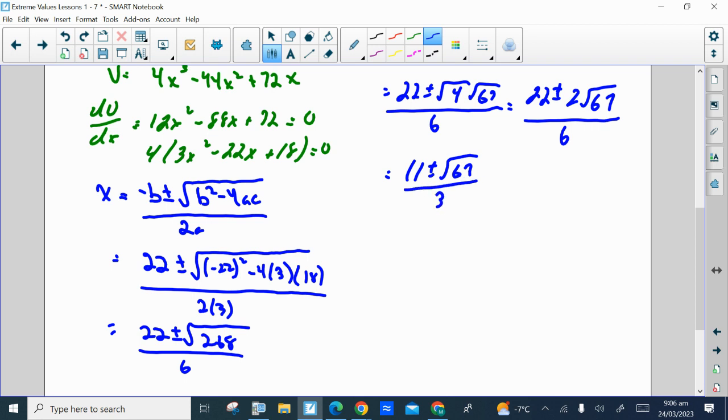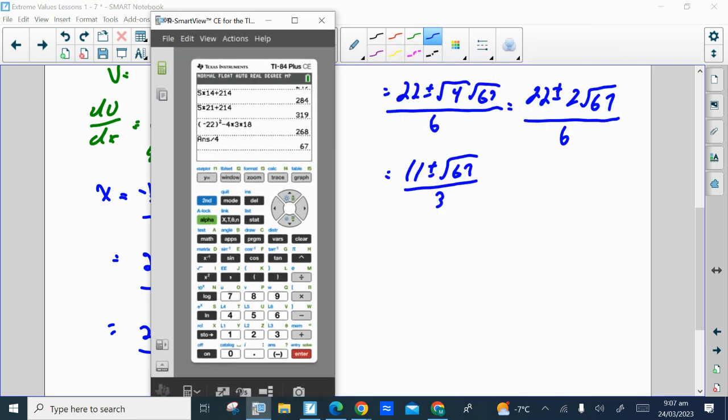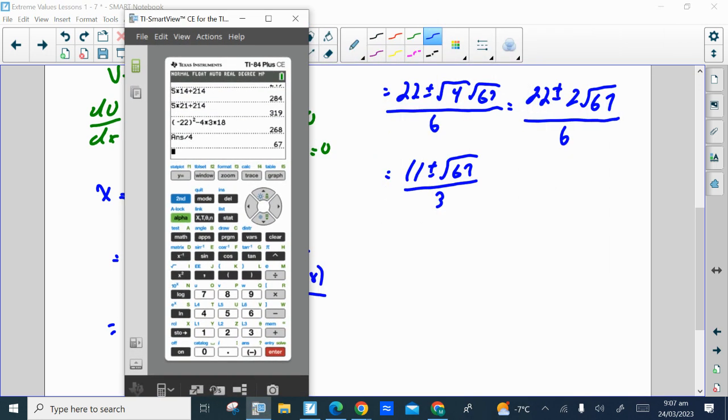And that would be the exact value of the critical numbers, where the derivative equals 0. So we're going to have to convert them to decimal.